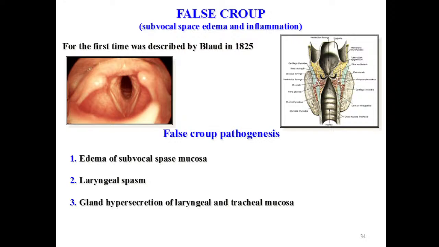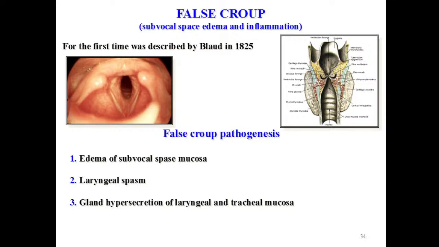It is a situation when the mucosa of the subvocal space becomes edematous and inflamed. Usually it is caused by a viral infection, usually parainfluenza virus, but it may be another virus.